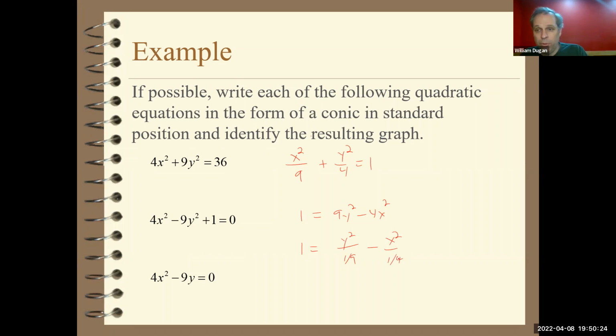Remember, a and b are just numbers. They have to be positive. So that is the equation in standard form. The graph of that, therefore, is a hyperbola that does not cross the x-axis. And the last one is obviously a parabola. Just solve for y. You get y equals 4/9 x squared. So that's the graph of a parabola. In fact, it opens upward.